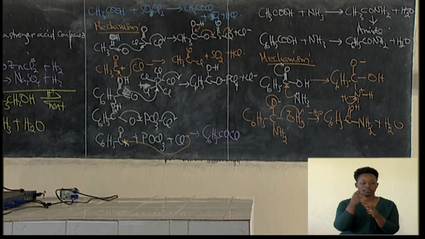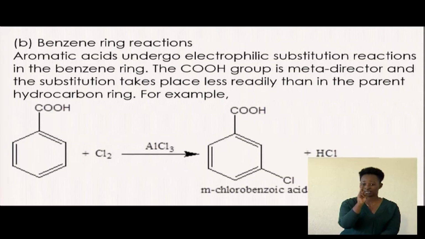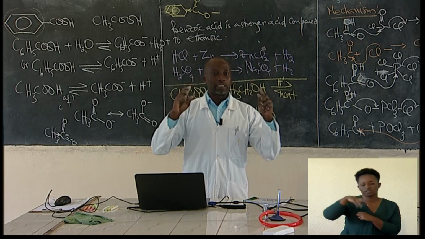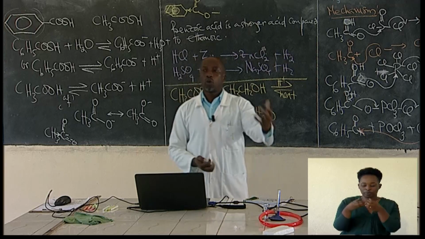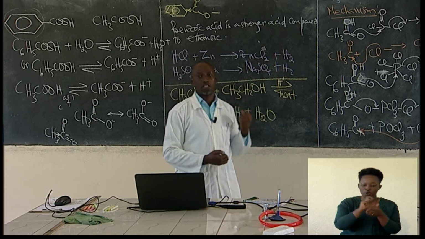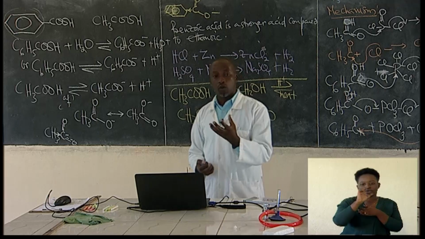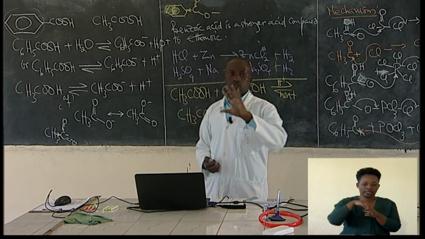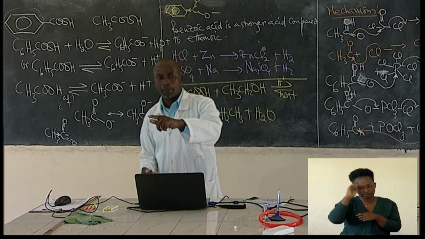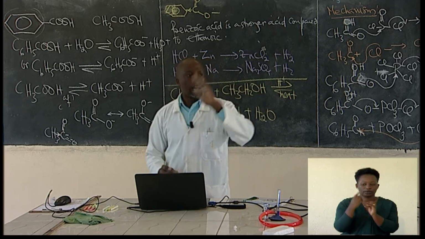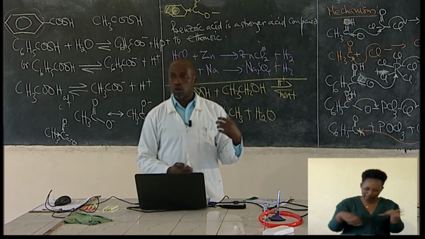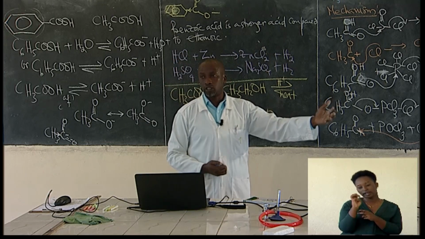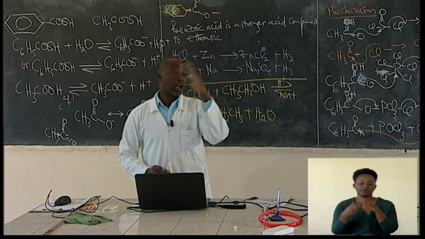That is the simple mechanism. Then there are substitution reactions, reactions on the ring. For this one, you need to remember that a carboxylic group is an electron withdrawing group. It removes electrons from the ring. Therefore, if you remember the effect of these substituents, electron withdrawing groups direct other substituents to position number 3 and position number 5.